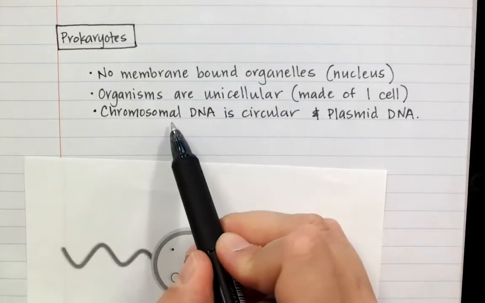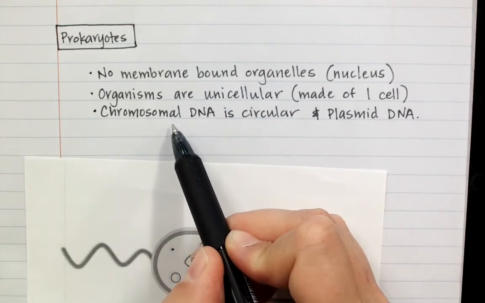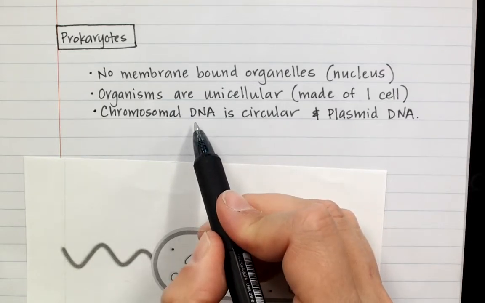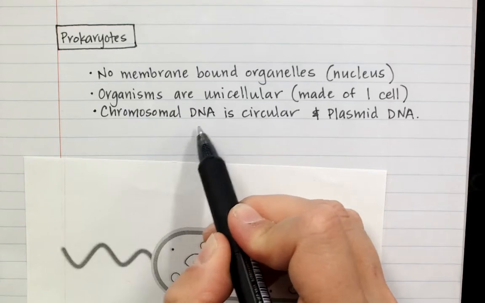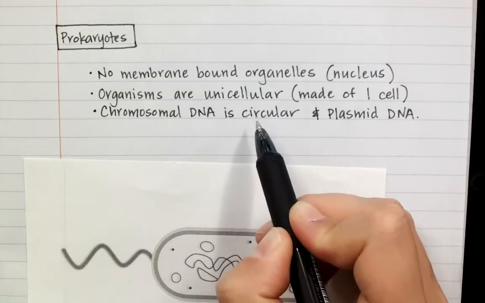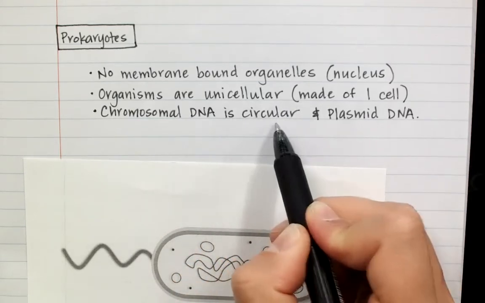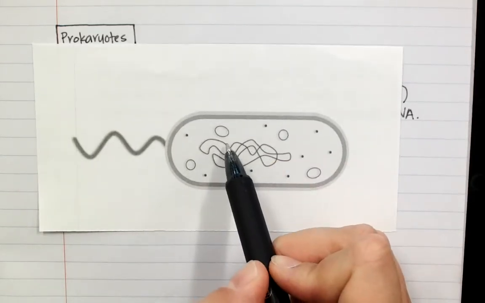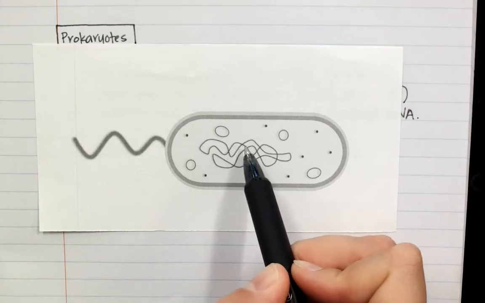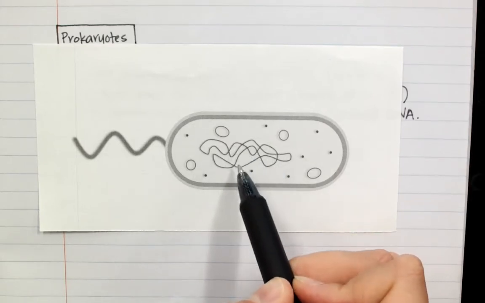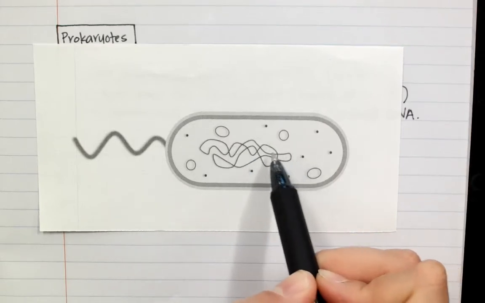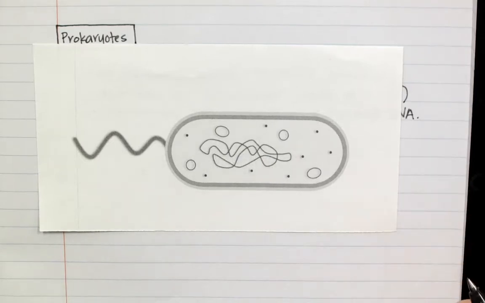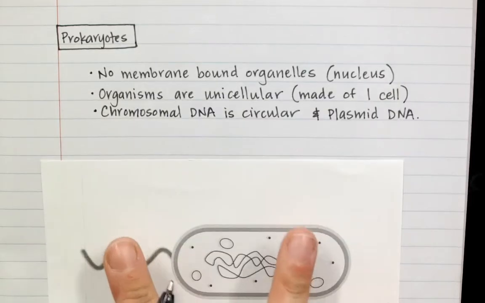So we also have chromosomal DNA. All organisms have chromosomal DNA, but our chromosomal DNA is in straight lines. Sometimes we view them as these X's, and they are not circular. So this organism here, this is the chromosomal DNA, and you can see that it's actually one big circle. I can keep following it around forever because it is circular, and that is different than our chromosomal DNA.